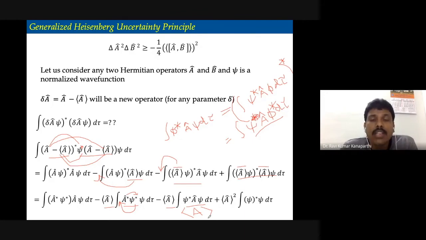That is the expectation value. If it is not normalized, then the denominator will have integral psi star psi d tau, right? Since we already started with a normalized wave function psi, this is nothing but the expectation value itself, and since it is normalized, the denominator is going to be 1.